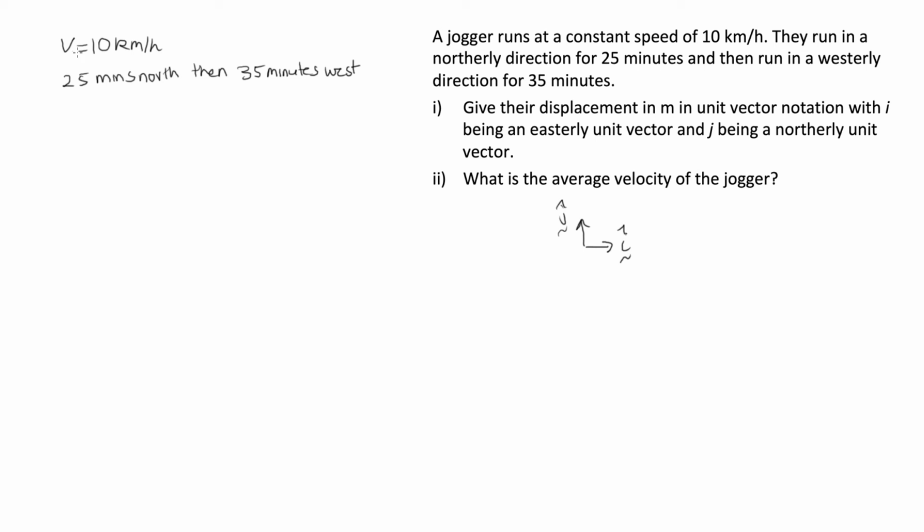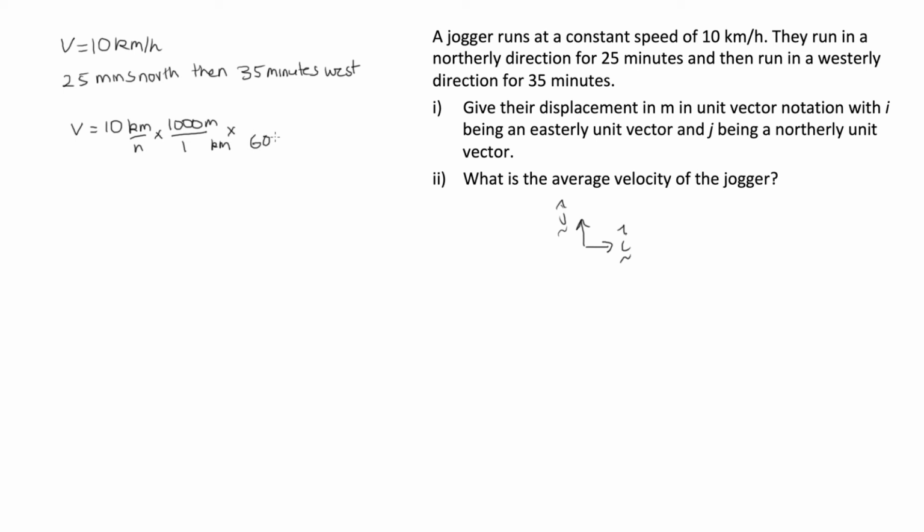So let's convert this constant speed into a constant speed in meters per second. So we've got V is equal to 10 kilometers per hour. Now, if we convert it from kilometers to meters, there's 1,000 meters in 1 kilometer. And then we want to convert from hours to seconds.